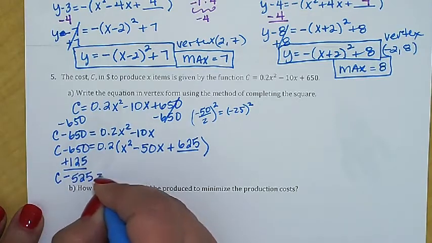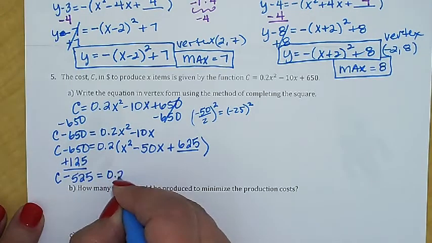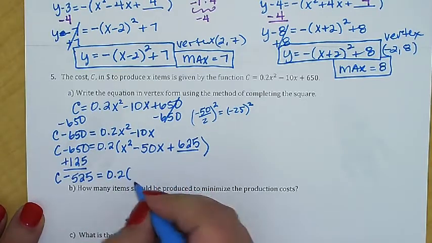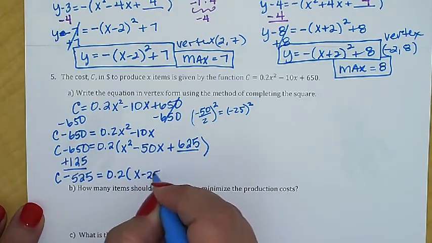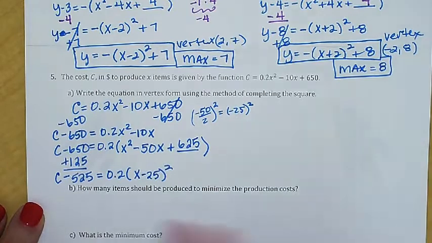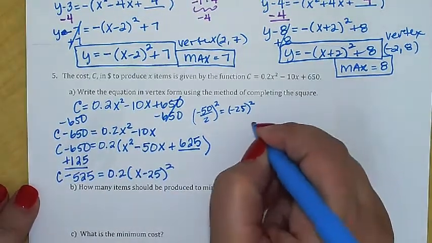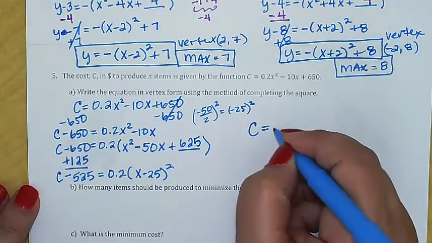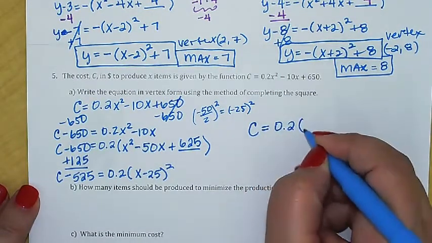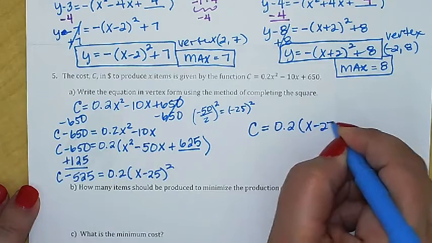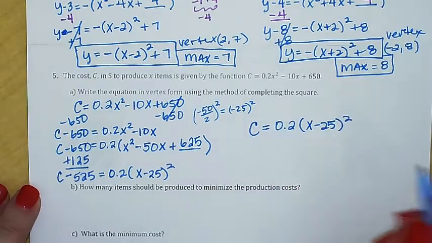So we got C minus 525 is equal to 0.2 times this, which I can now write as a perfect square power. And now all we have to do is move the 525 back. So C ends up being 0.2(x minus 25)squared inside of our parentheses.